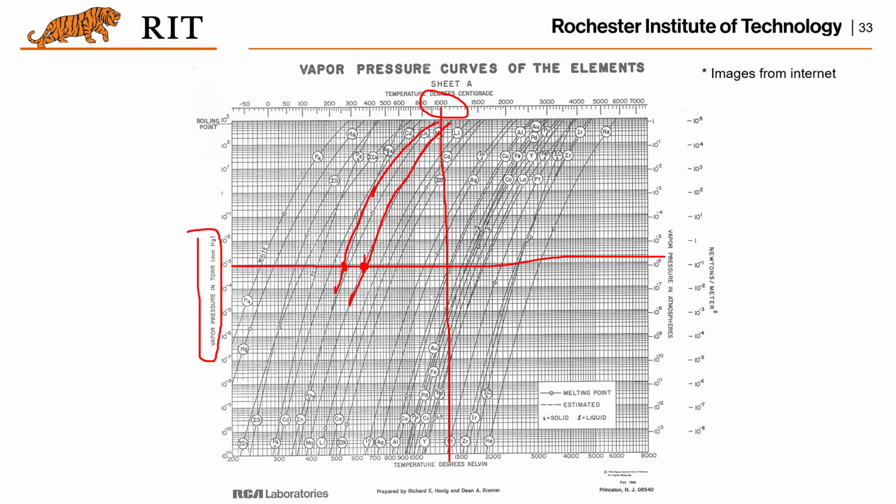So that's definitely a concern that these two elements could vaporize before the alloy is even melted. That's how you check whether there is any concern about evaporation for the different elements in an alloy.